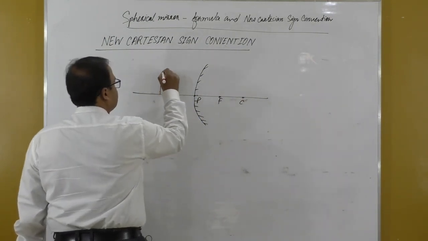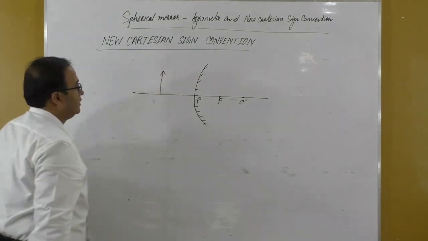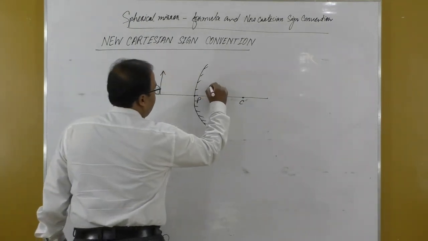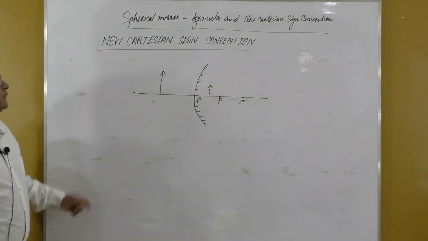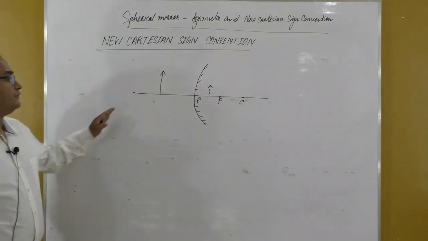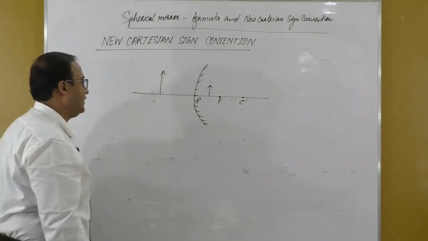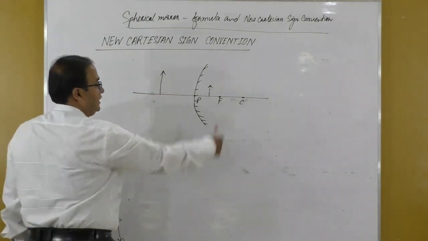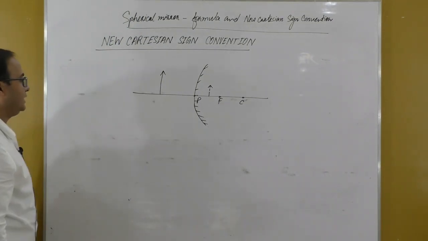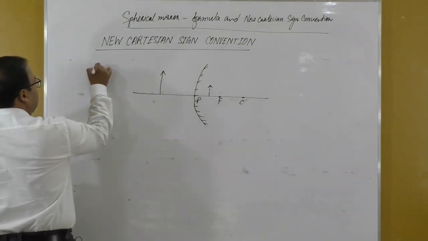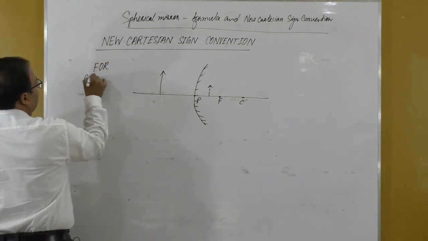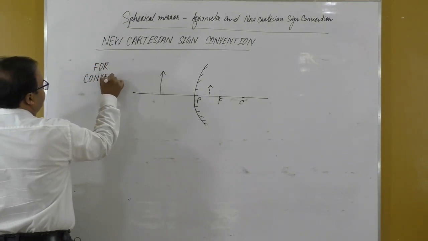If the object is placed anywhere in front of the mirror, the image is formed between focus and pole, behind the mirror. So we are discussing new Cartesian sign convention for convex mirror.